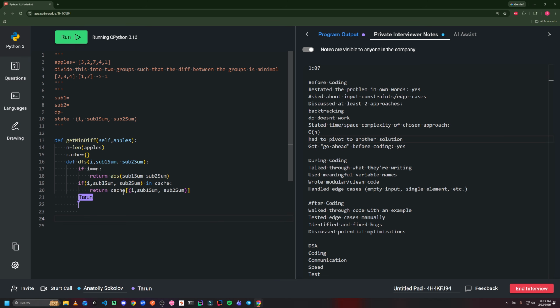So now coming to the main part, the recursion step. We have two options, right? I can consider subarray 1 or consider subarray 2.